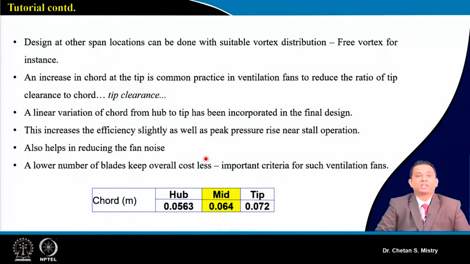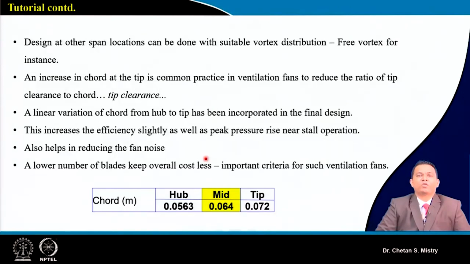Now once we are doing this calculation for a ventilation fan, the selection of chord is very important. Conventionally, if you look at ventilation fans available at home, in industry or your surroundings, the chord near the tip region is larger compared to the hub. This has to do with the tip clearance, because this tip clearance is defined as a percentage of chord. That's one of the configurations.